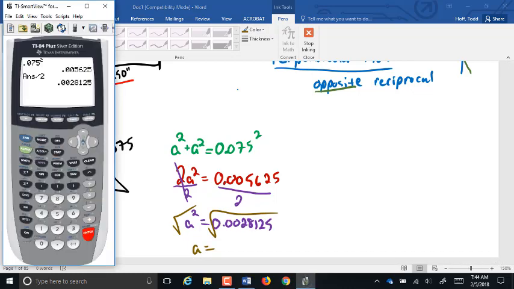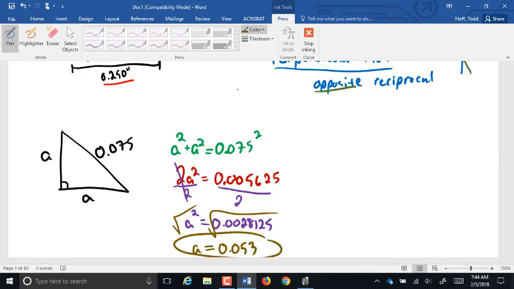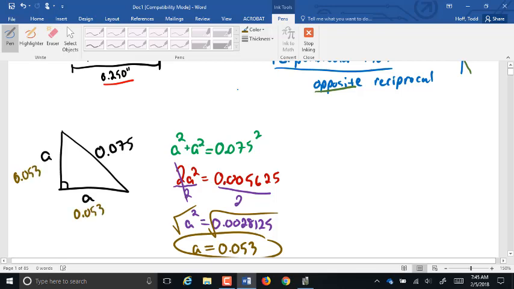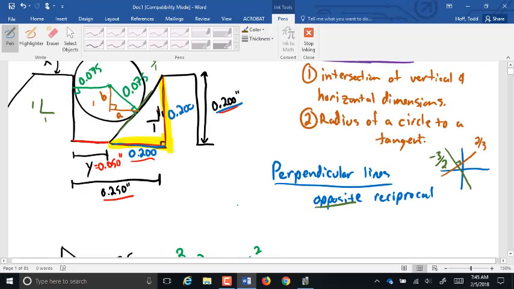So A equals, what's the square root of that? 0.053, we're going to round it to. So that means this is 0.053 inches in both directions. So let's take a look and see how this works. 0.053.